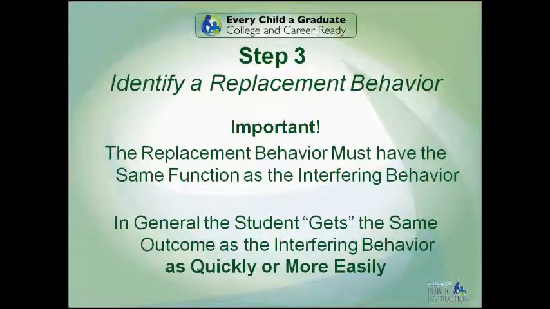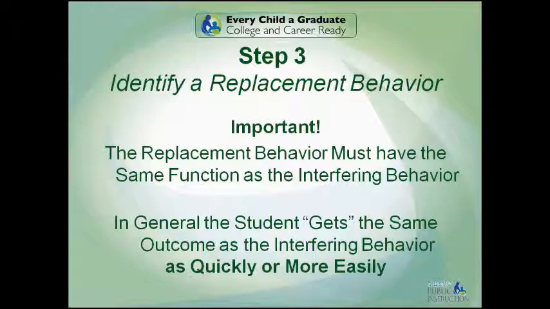The next step here, once you've done your functional behavior assessment, is identifying the replacement behavior. And we're going to be drilling this home, but that replacement behavior has to have the same function as the interfering behavior. We're going to give you some examples on the next slide. Basically, this means the student has to get the same outcome.